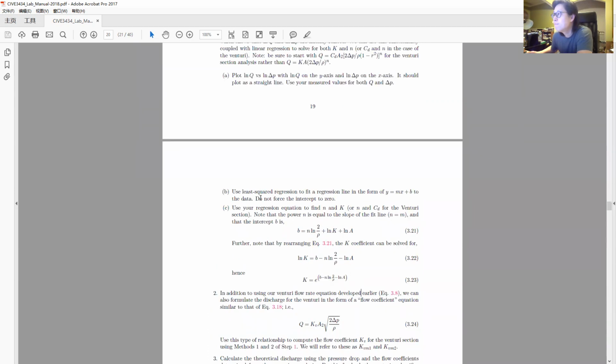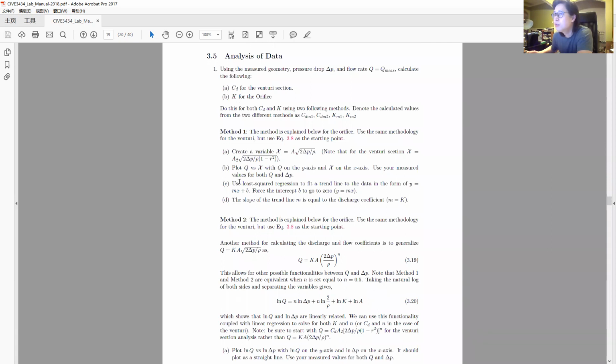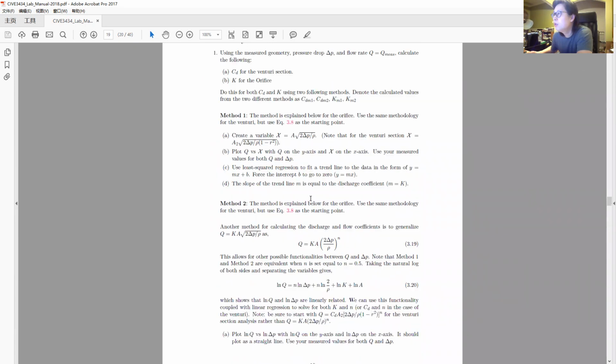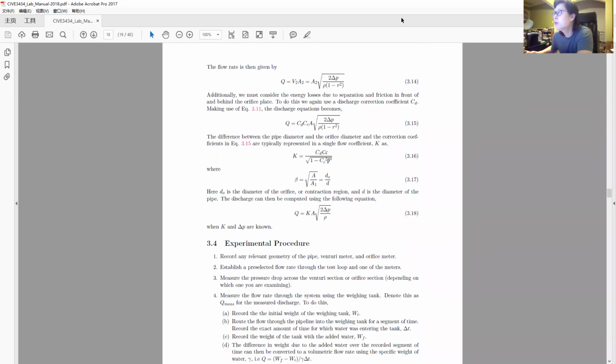And let me just talk a little bit about the Venturi. I think method 1 is straightforward, because in the orifice you use this part as your x and this q as your y, right?